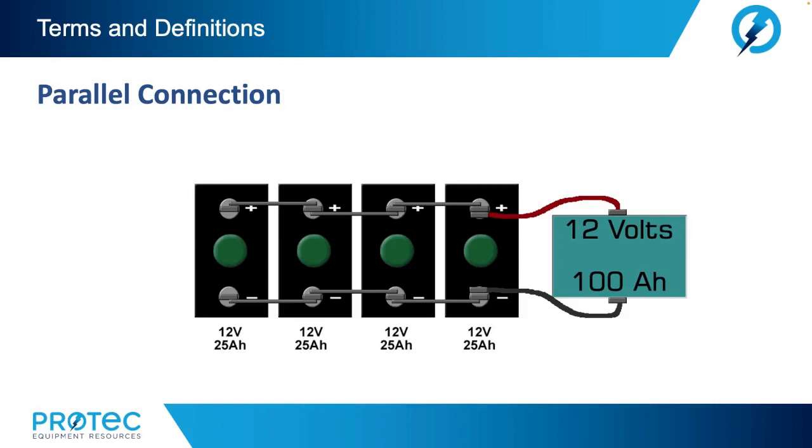And remember, battery configurations may have series strings that are paralleled. So the series string would build voltage value, paralleling the strings would expand or extend capacity.